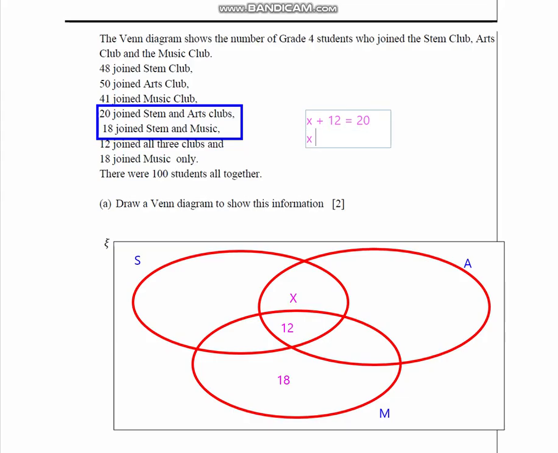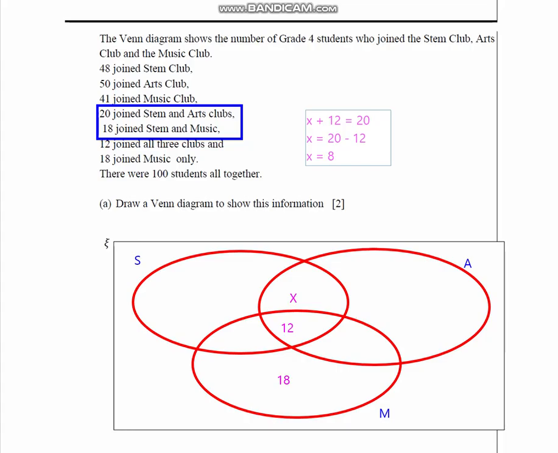Subtracting 12 from both sides, x is equal to 20 minus 12, and the solution is 8.